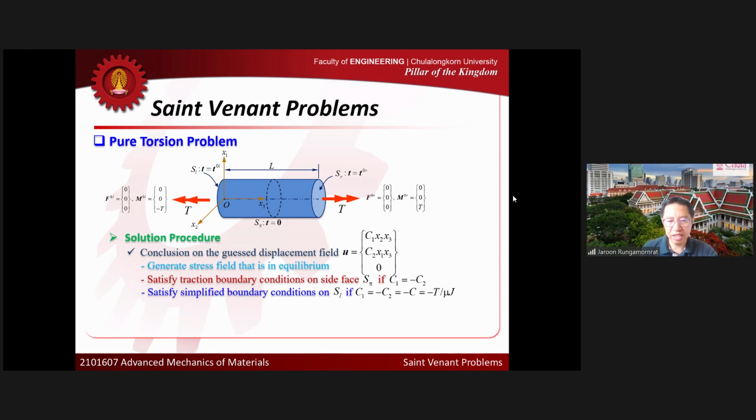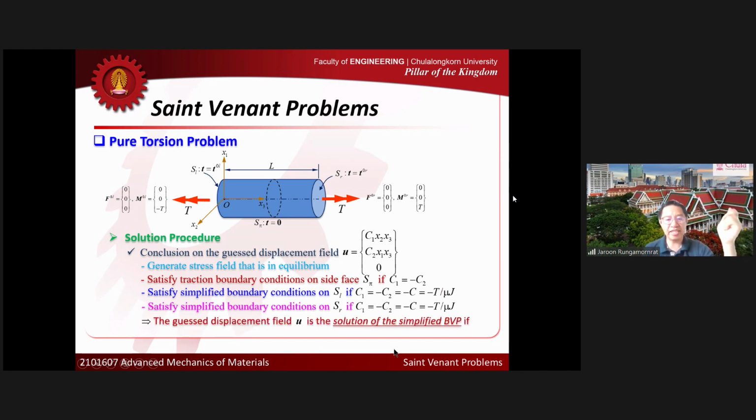And if you want to satisfy the left end conditions, you have to pick C1 equal to the negative of C2 based on the condition on the surface S point, and the value of that constant equal to T0 over mu J came from the satisfaction of the boundary condition on the surface SL. The same thing for SR.